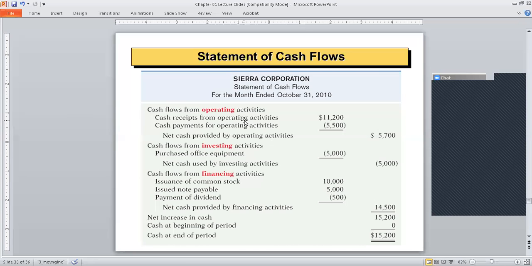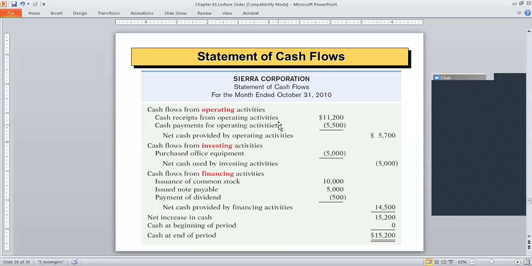Cash receipts from operating activities, that's just the cash basis equivalent of revenue. But total revenue on an income statement is not going to be the same as cash receipts from operating activities on a statement of cash flows because of the two different bases of accounting.